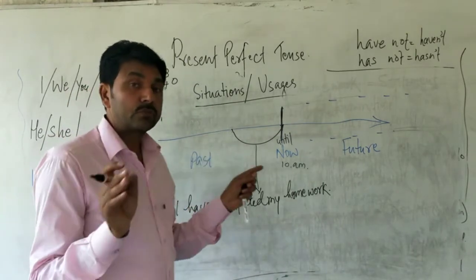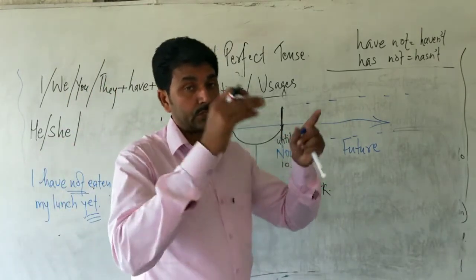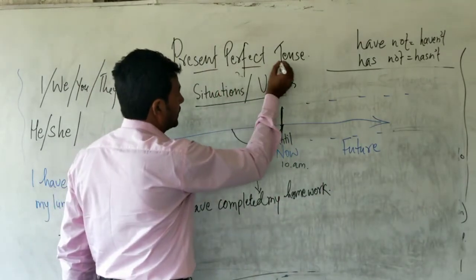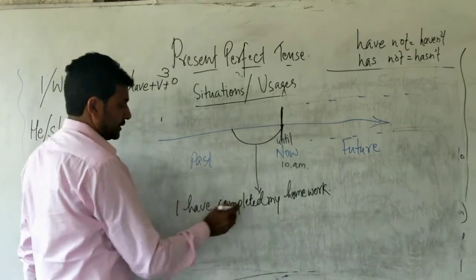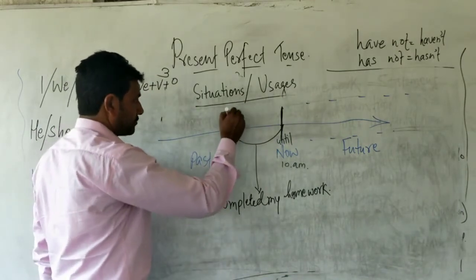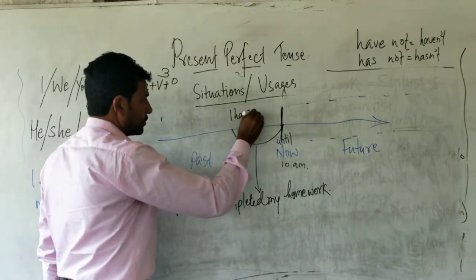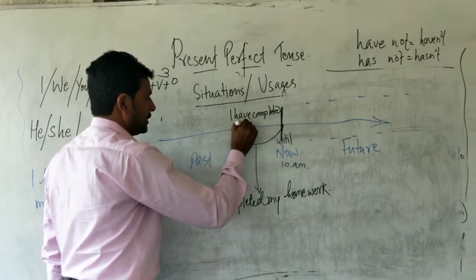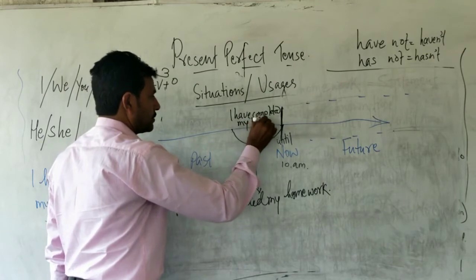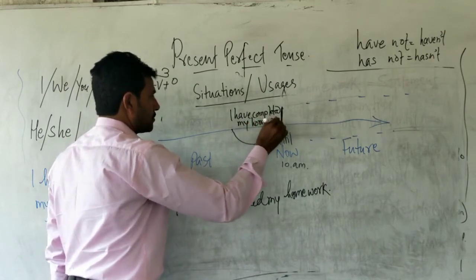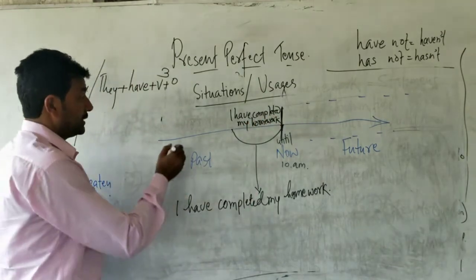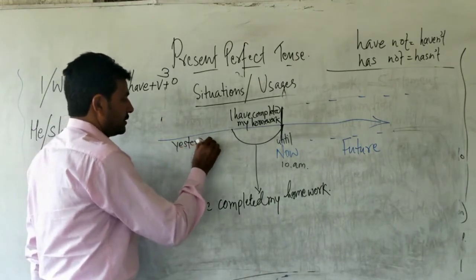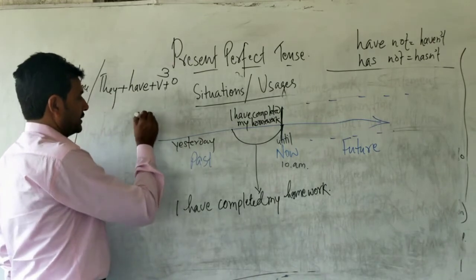If you do not know the time and the action is completed, then we use present perfect tense. And the sentence falls here: I have completed my homework. Right? If you say yesterday, that is, I completed.